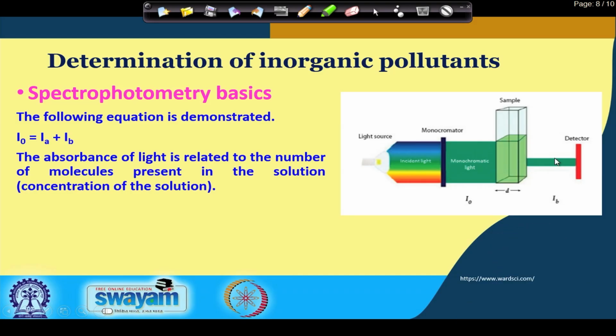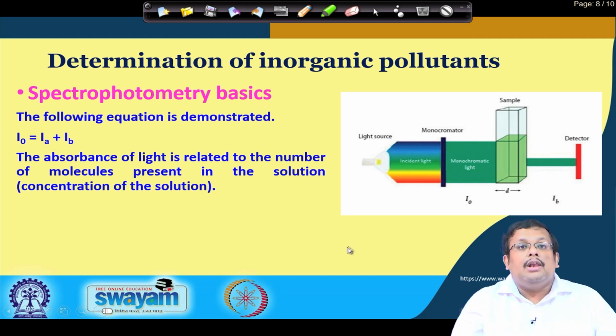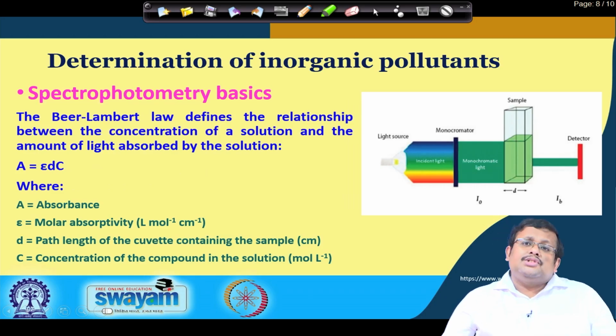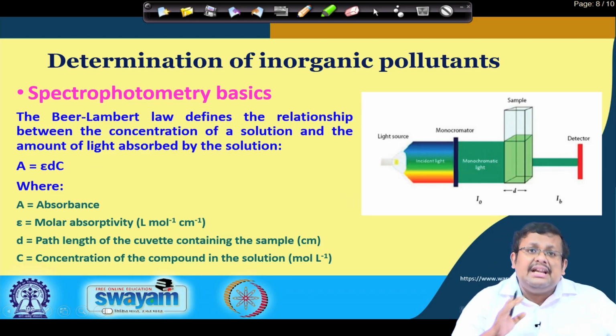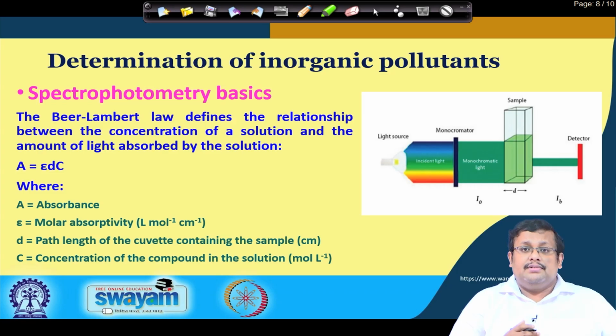Absorbance of light is related to the number of molecules present in the solution, in other words, the concentration of the solution. So, the Beer-Lambert's law defines the relationship. I told you that these Beer's and Lambert's laws are the basic laws which govern spectrophotometry. Now, this Beer-Lambert's law defines the relationship between the concentration of a solution and the amount of light absorbed by the solution.